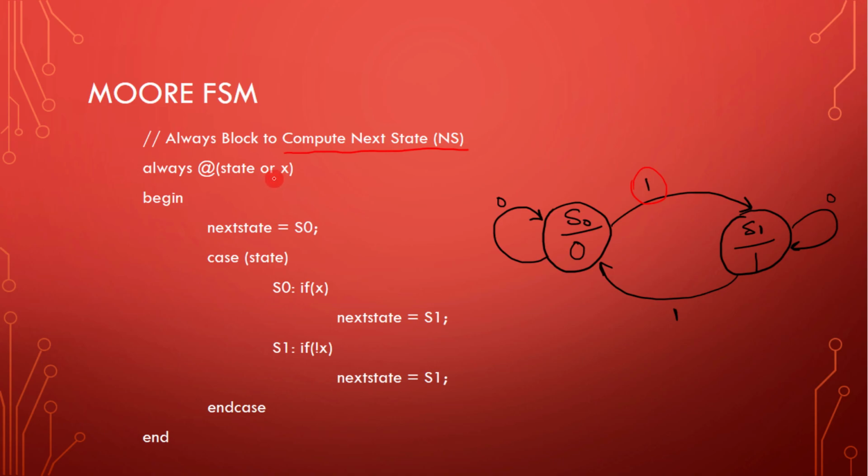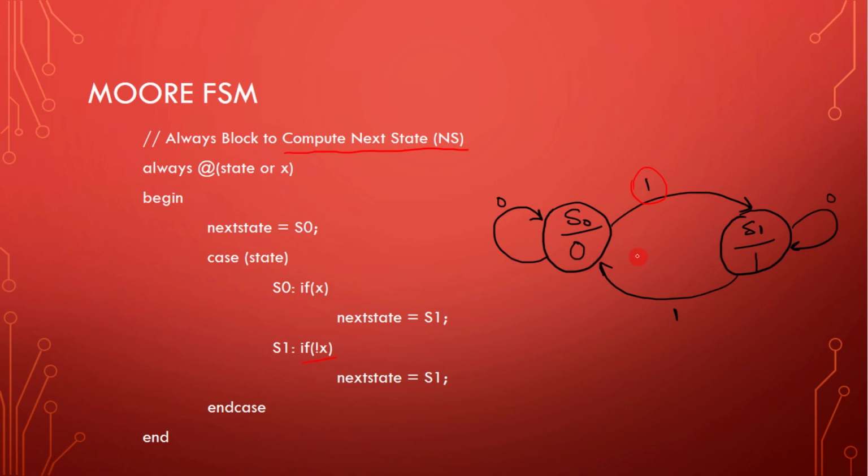Now next time when the next clock cycle occurs, as your state has changed from S0 to S1, this always block will be executed, and in this case if you receive 0 in this S1, this if condition will be true and your next state will remain S1, as is clear from here.